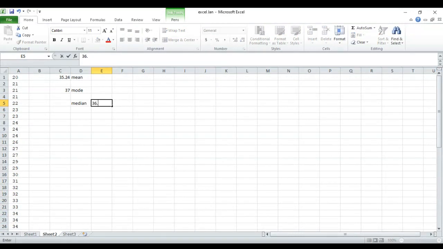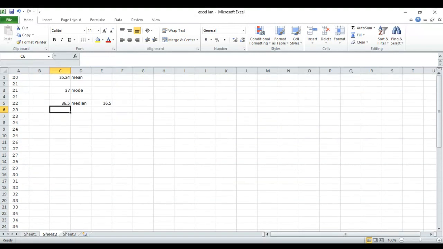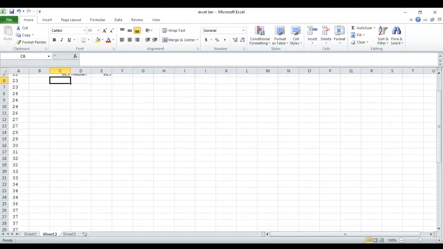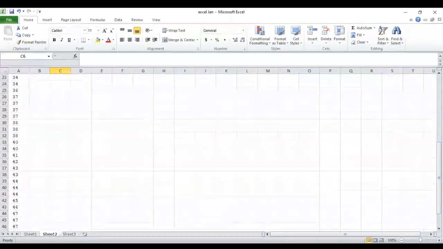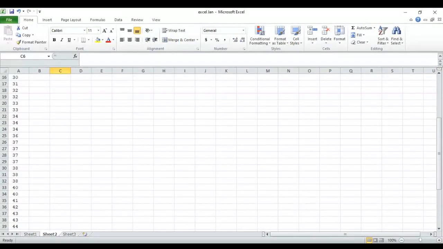So I'm just going to type that in. But, of course, Excel does that for us. I'm just telling you what the median is. It's the middle number, but the numbers have to be in order. And we get 36.5. So again, if you want to do it without Excel, it's the middle number. And if we have an even number of numbers, you take the average of these 2 middle numbers, 36 and 37. So it'd be 36.5.